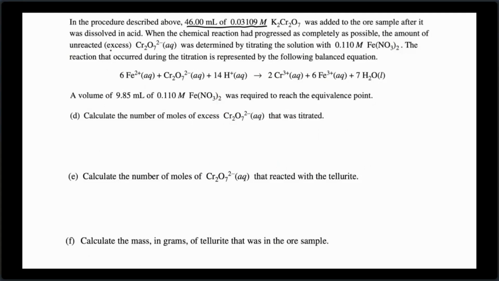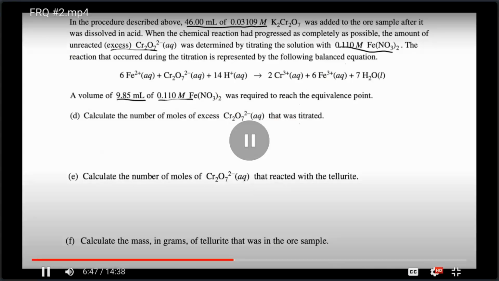The amount of unreacted excess Cr2O7 was determined by titrating the solution with 0.110 molar Fe(NO3)2, and the reaction that occurred in the titration is represented above in the balanced equation. A volume of 9.85 milliliters of the 0.110 molar Fe(NO3)2 was required to reach the equivalence point, and we're asked to calculate the number of moles of excess Cr2O7 that was titrated.